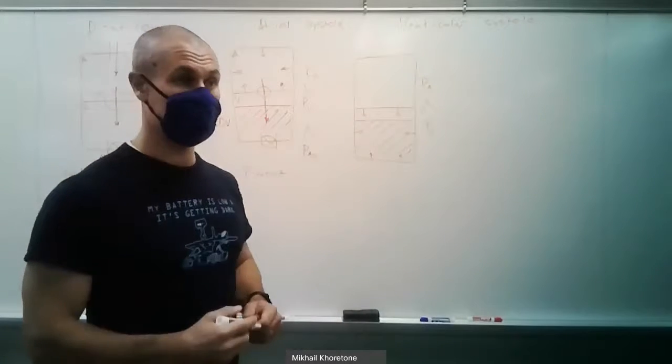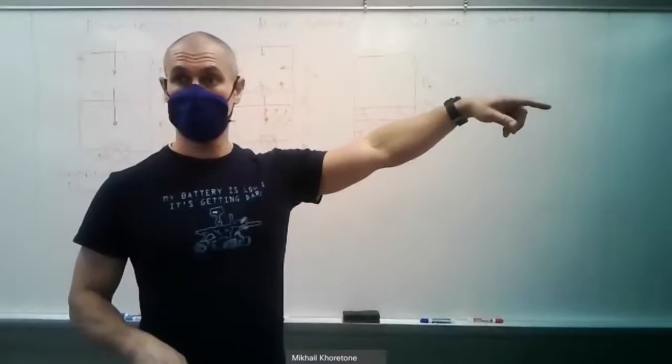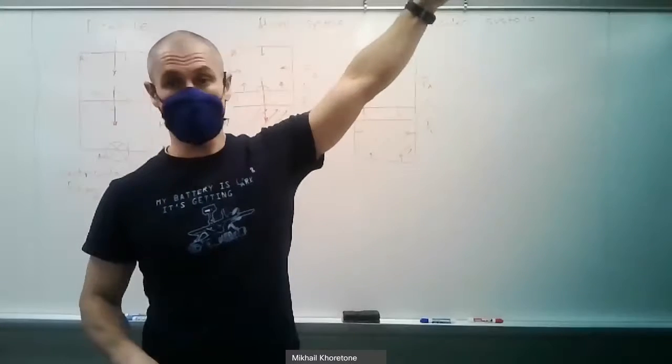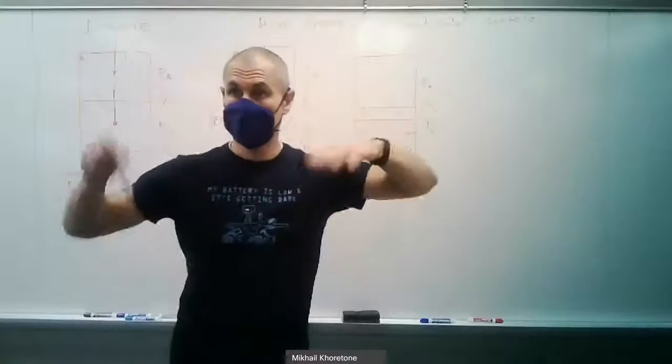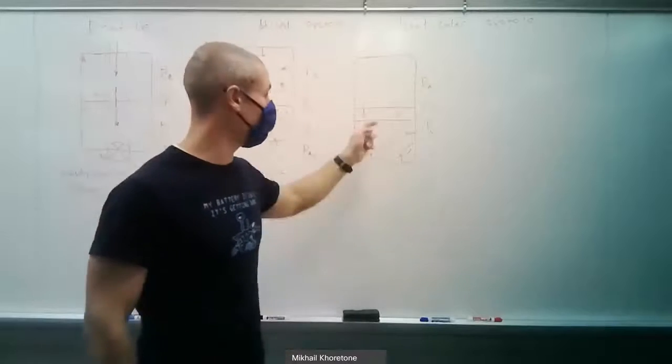Does that make sense? Now remember our door exercise? The ventricle is right there, the atrium is here. When ventricular pressure becomes higher than the atrial, what happens to the valve?